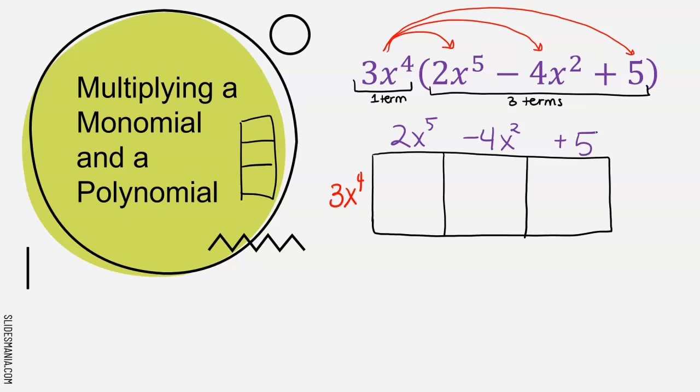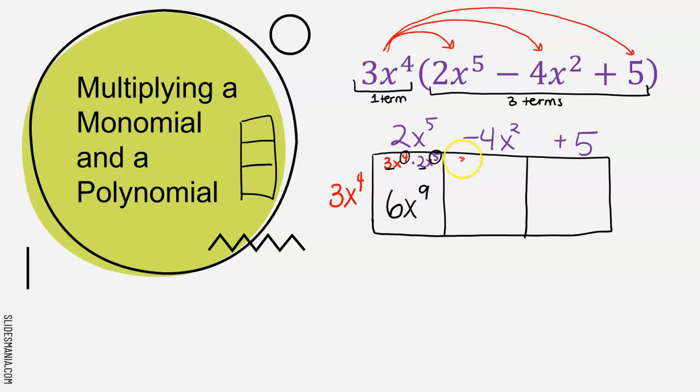Then, in order to figure out what goes in the box, I'm going to do a bunch of mini multiplication problems. So in this first box, I'm going to multiply 3x to the fourth with 2x to the fifth. The same rules apply as to what I just did. I'm going to multiply my numbers. 3 times 2 is 6, and I'm going to add my exponents to get x to the ninth.